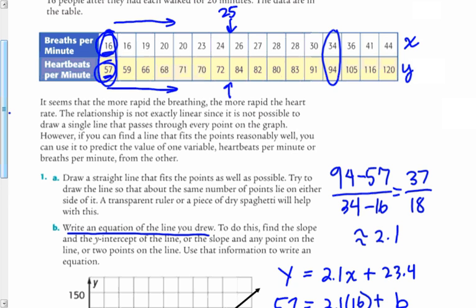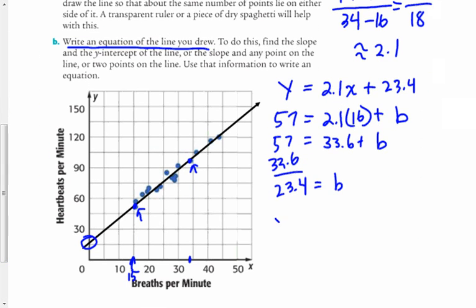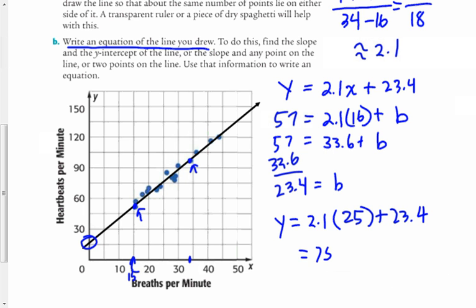We could just take our equation and do 2.1 times 25 plus 23.4, and that would give us the answer. On my calculator, I get that equals 75.9.